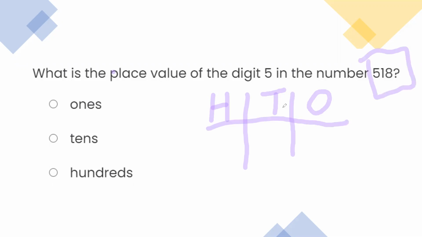How many hundreds are there? 5. How many tens are there? 1. And how many ones are there? 8. And then let's go back to the question. What is the place value of the digit 5 in the number 518? Well, let's go to our chart. We wrote 5 in the H column, and H was for hundreds. So your answer is hundreds.